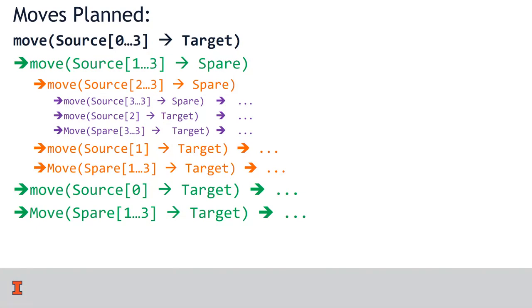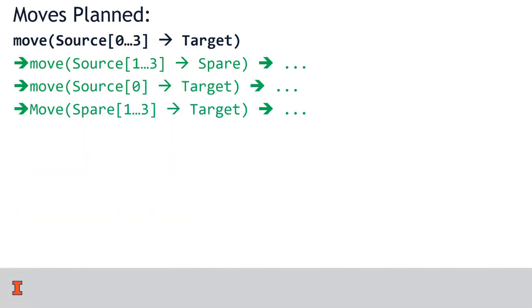What is that pattern? Well, if we look at the very first iteration, the moves that we planned to move all of the blocks, so 0 through 3, to the target. In doing that, we need to move blocks 1 through 3, so everything from the start plus 1 to the end, to the spare. We need to move the starting location to the target, and then we need to move whatever we moved to the spare over to the target.